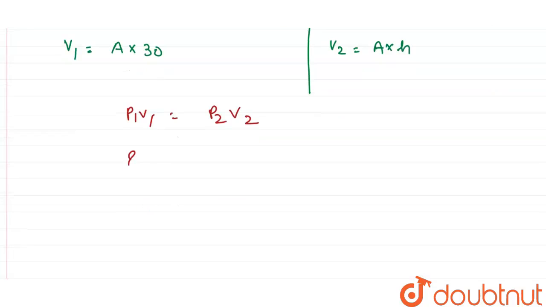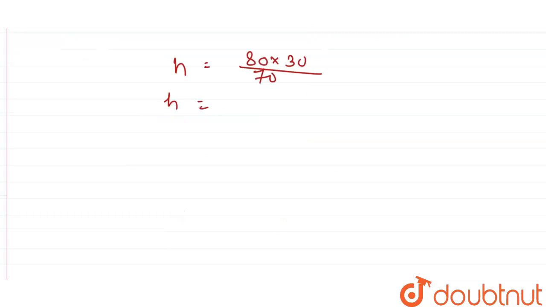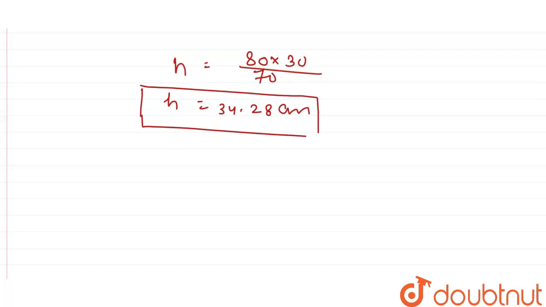So 80 into A into 30 equals 70 into A into H. A cancels from both sides. Now H comes out as 80 into 30 upon 70. Calculating this, we get the height as 34.28 centimeter. So this is our answer.